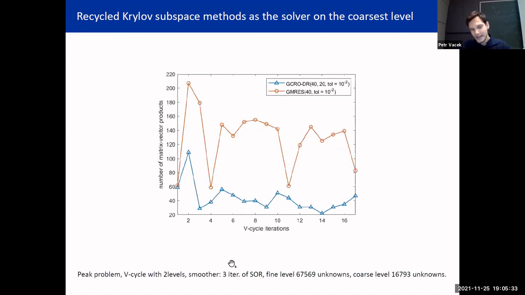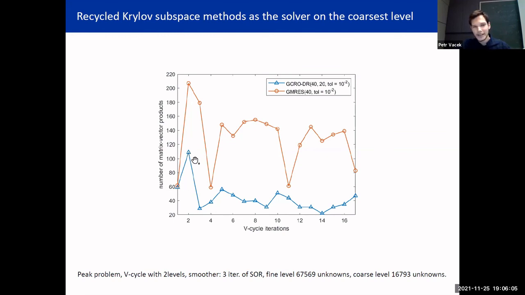So we consider the same setting as before, and here we can see the number of matrix vector products the method needed before stopping with the relative tolerance 10 to minus 2 in the V-cycles. In the first V-cycle, the number of matrix vector products is the same, but GCRODR saved some information.